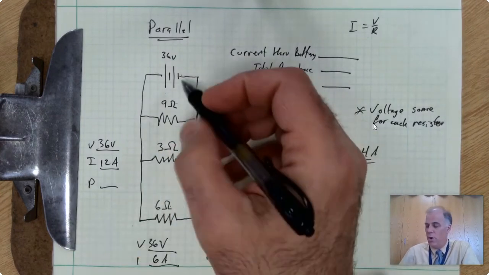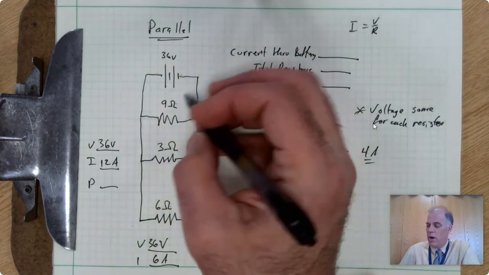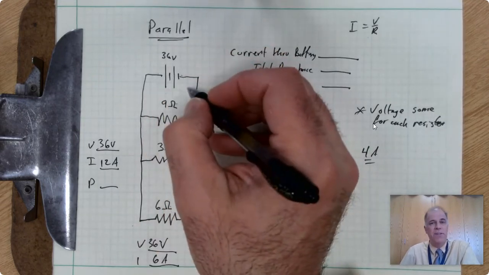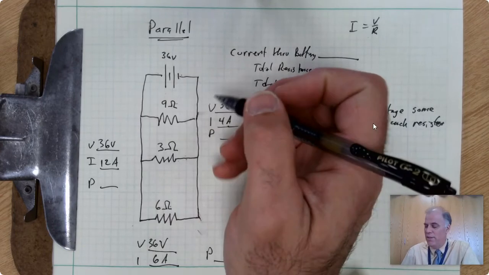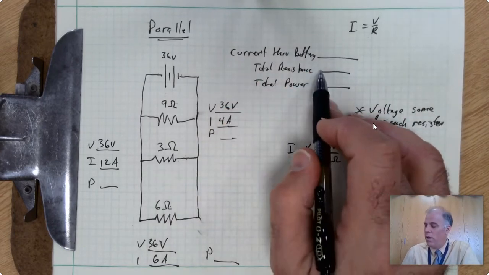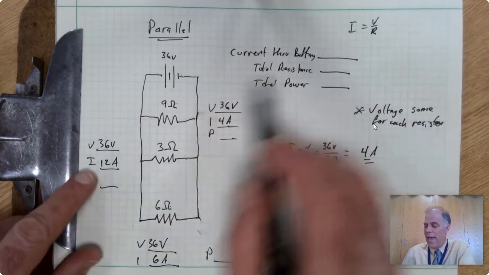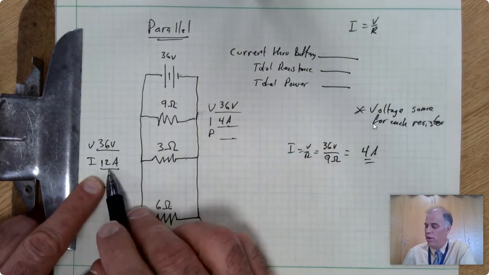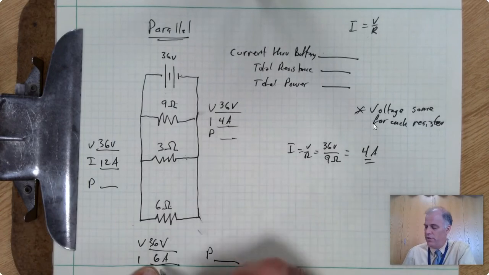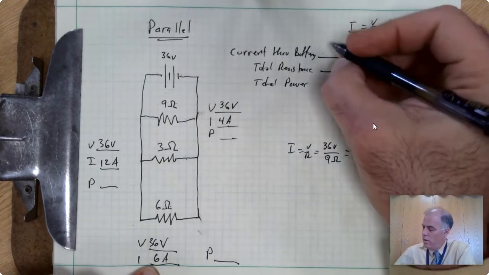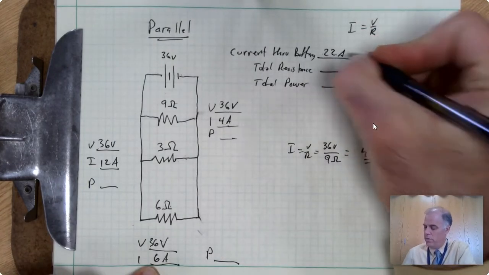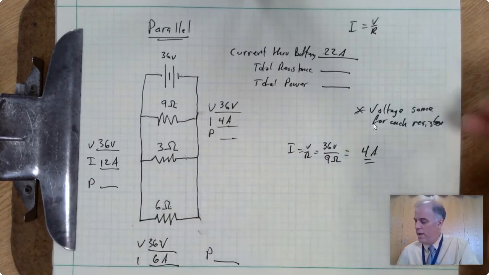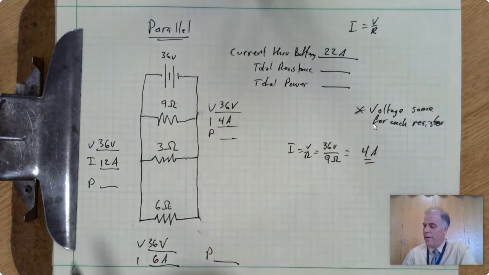But that means that the total current flowing through each one of these has to be coming from and going back to the battery. So we can figure out the total current through the battery by adding up the individual currents in each of the components. So we have 12 plus 4 is 16, plus 6 is 22 amps. 22 amps. That's the current through the battery.